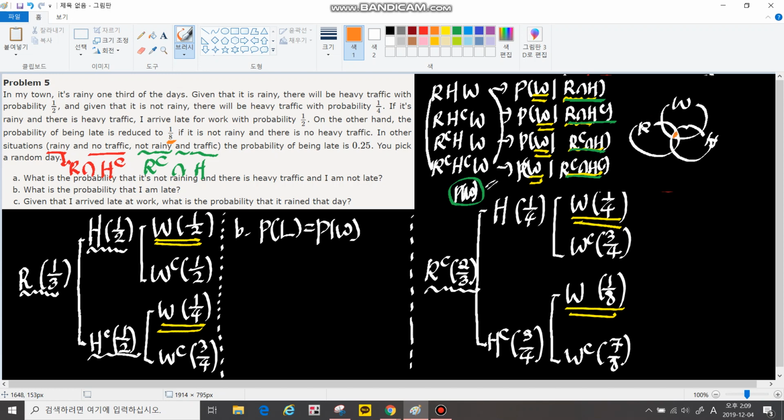The probability that W happens is over here, which I marked with orange. And then R intersection H complement is over here, and the probability that W happens is over here.